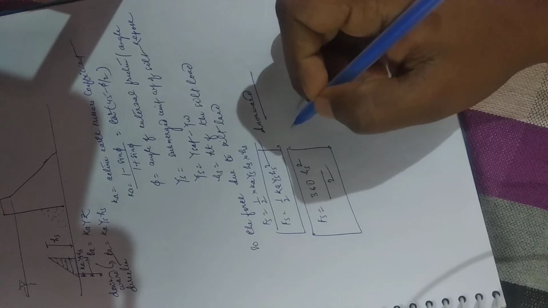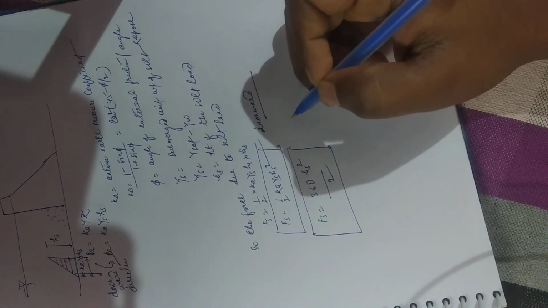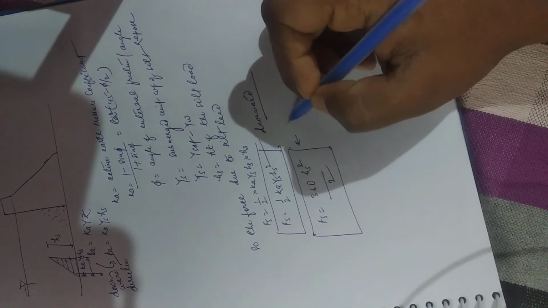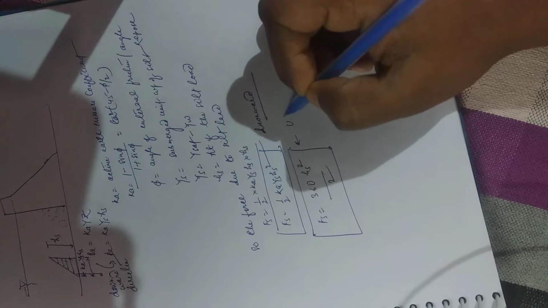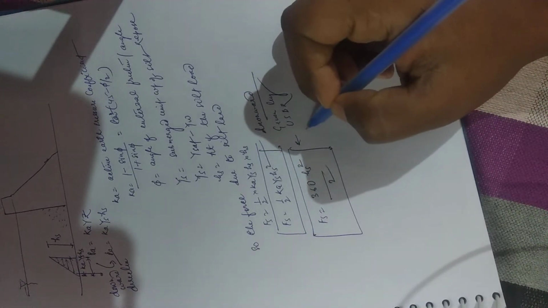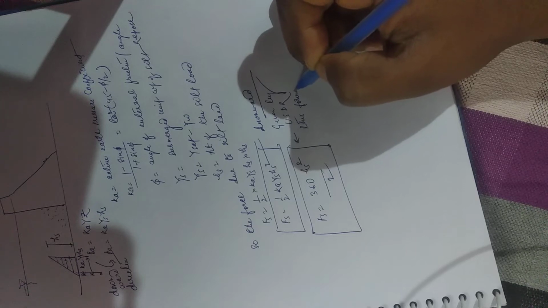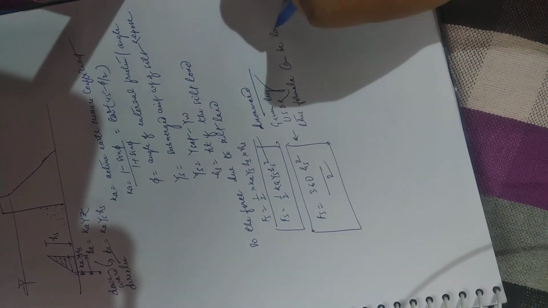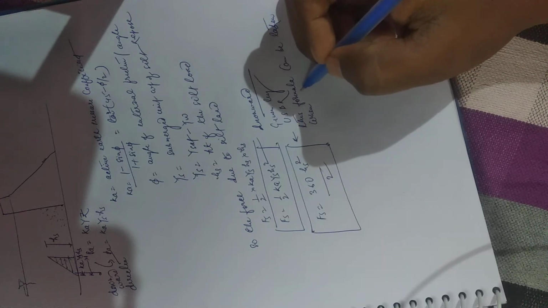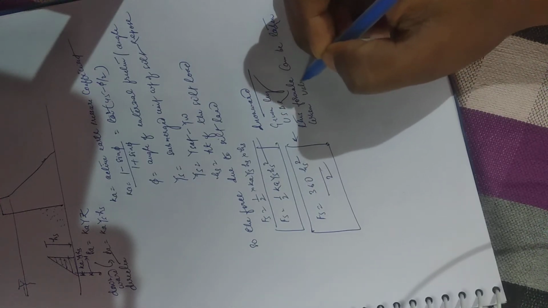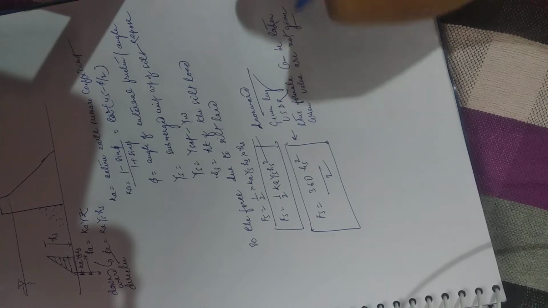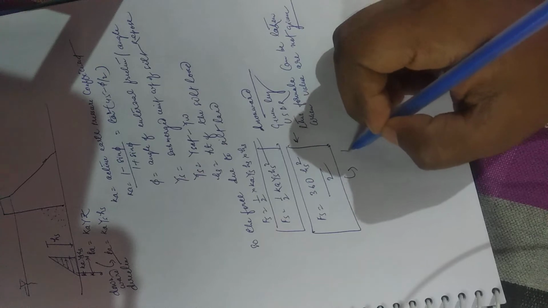This formula can be taken in the absence of data related with the earth pressure. This is given by USBR. This is in kgf.